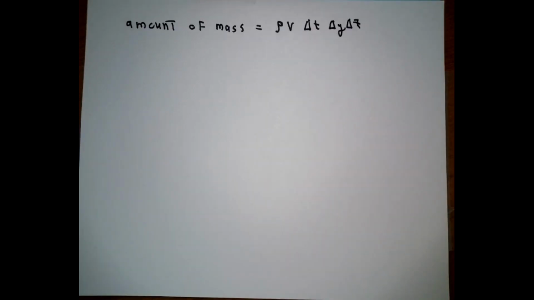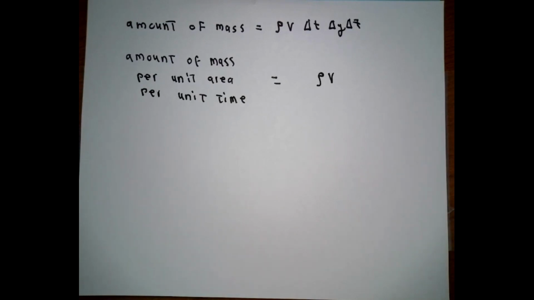Naturally, that tells me that the amount of mass that flows through the indicated region is just going to be the mass density times the speed times delta t times the amount of area.